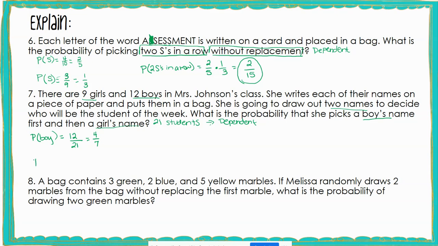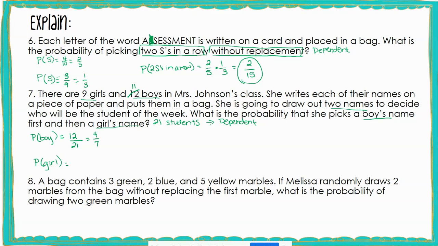Now we have to be careful with the girl, because if Miss Johnson pulled a boy's name out of the bag, then now there are no longer 12 boys' names in the bag. Instead of 12 boys' names, there are now 11 boys' names. We did not change how many girls' names there were because we chose a boy's name first.